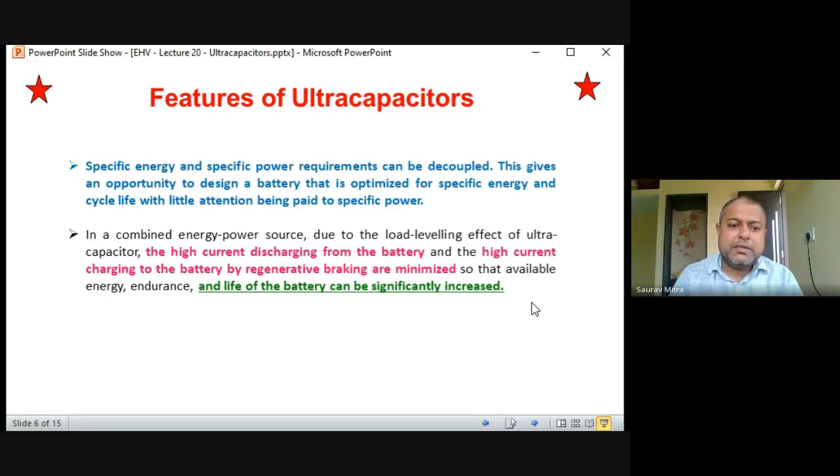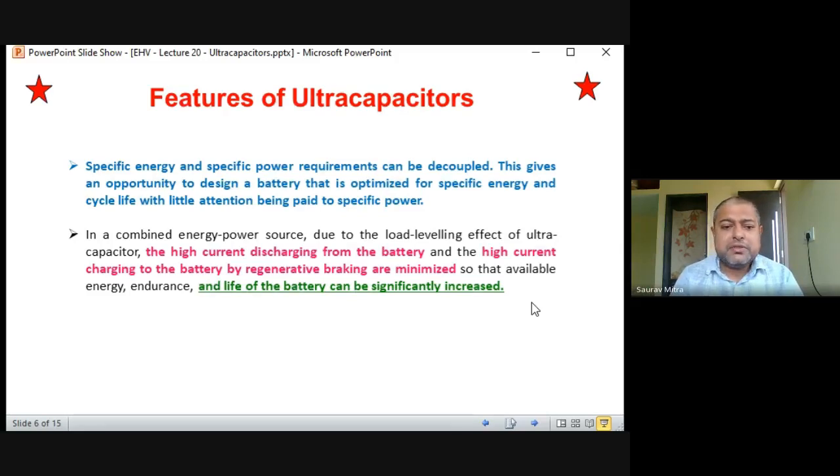So the high current discharging from the battery and the high current charging to the battery by regenerative braking, both are minimized because there is a supporting system called the ultracapacitor, which is a power device. It can get charged very fast, it can discharge very fast. That means within a very small period of time, it can go to full peak charge, and within a small period of time, it can discharge itself to the extent.